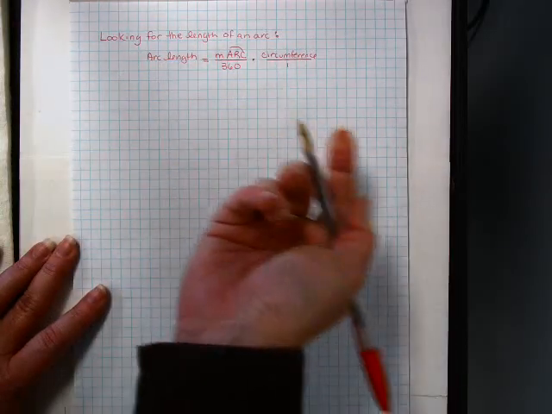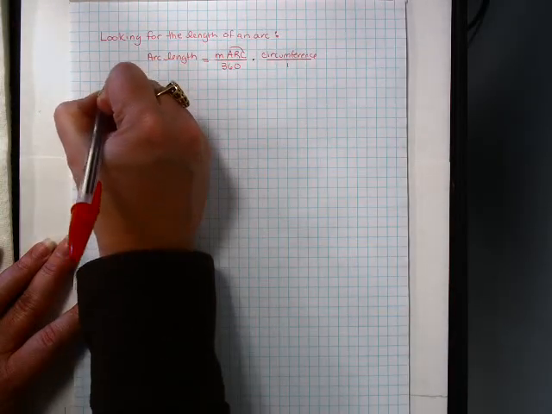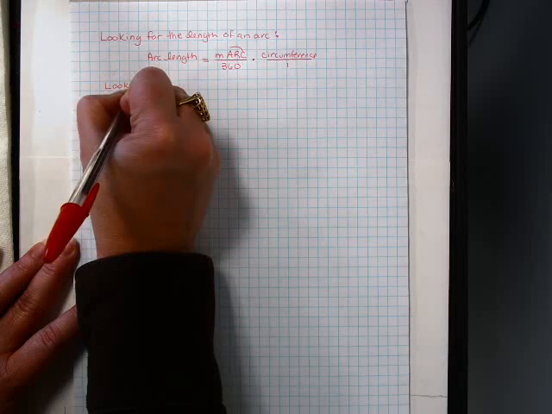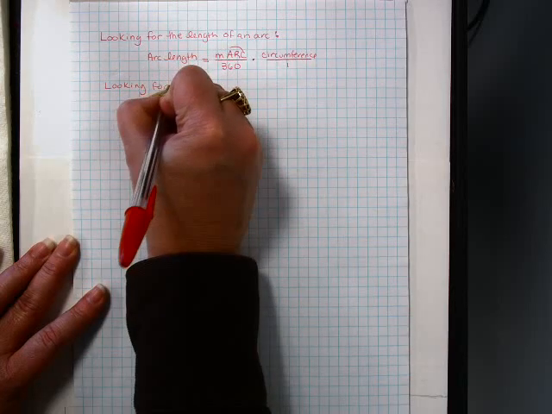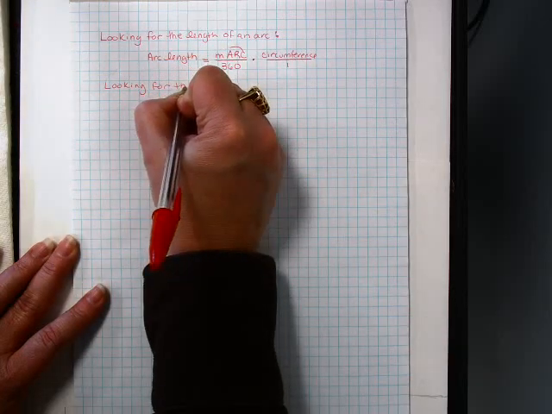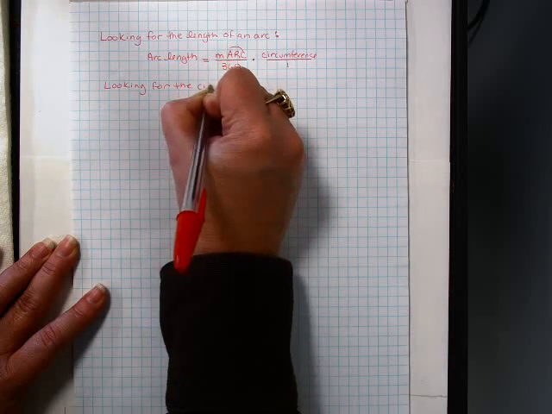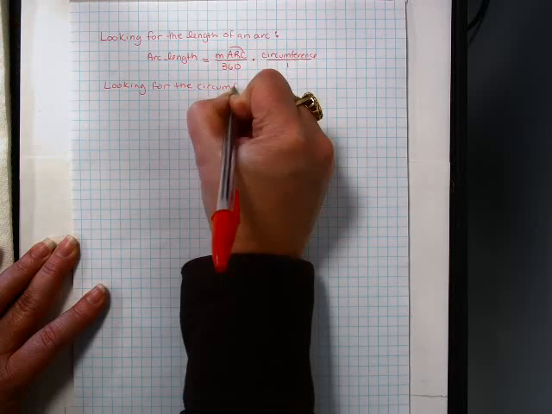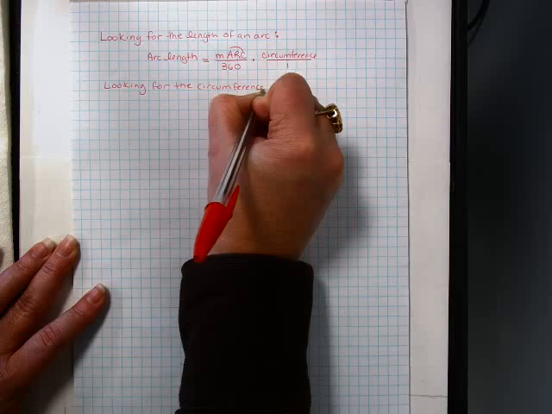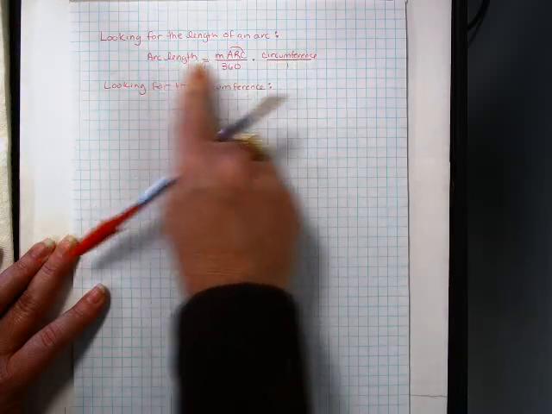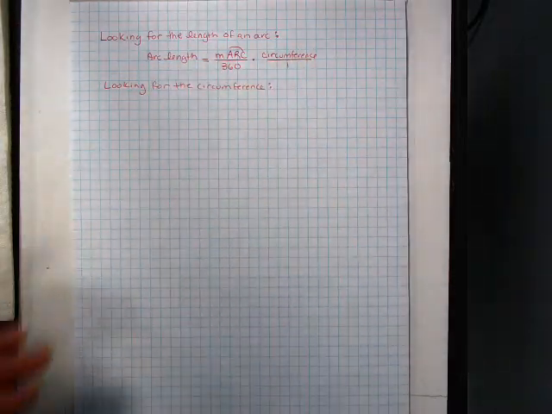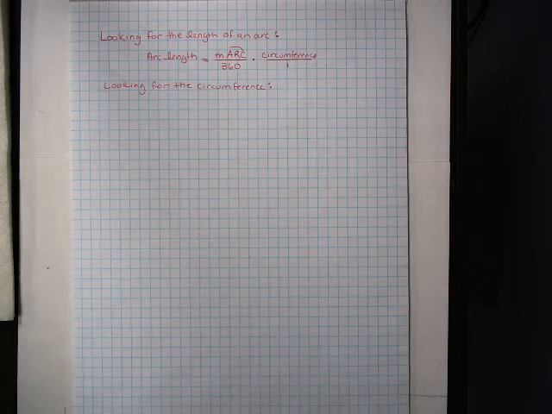Now, what if I'm looking for the circumference? I want to manipulate this equation up here so that I end up with circumference on one side and everything else on the other side.